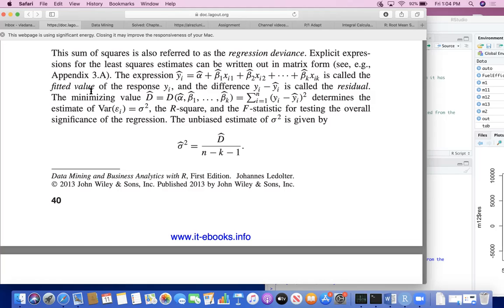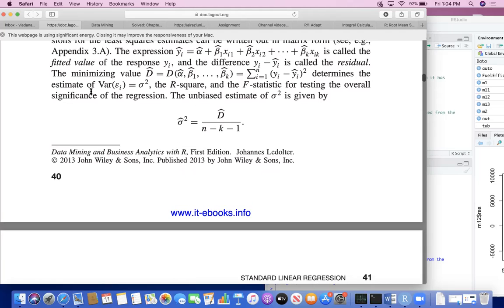The fitted value is yi hat, which is alpha hat plus beta 1 hat xi1 plus beta 2 hat xi2 plus through beta k hat xik. And we find the residuals using yi minus yi hat.